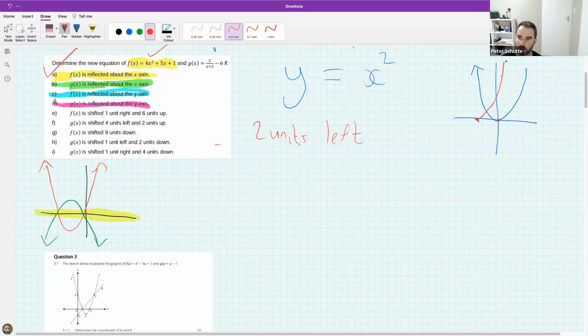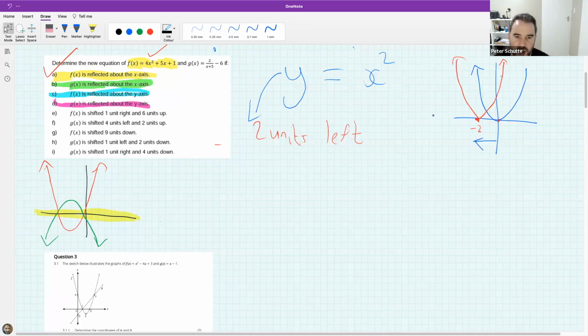And then the new graph would look something like that. It would have to be at -2, I guess. Give me a thumbs up if you understand the logic of what I've done so far by moving it 2 units to the left, and it looks like this. The red one is the new horizontally shifted graph.